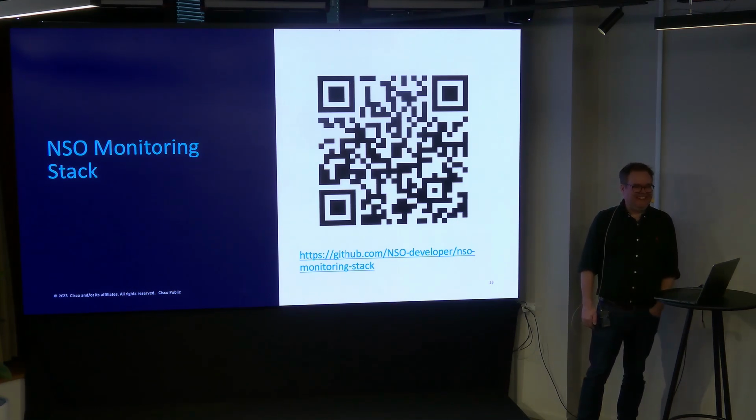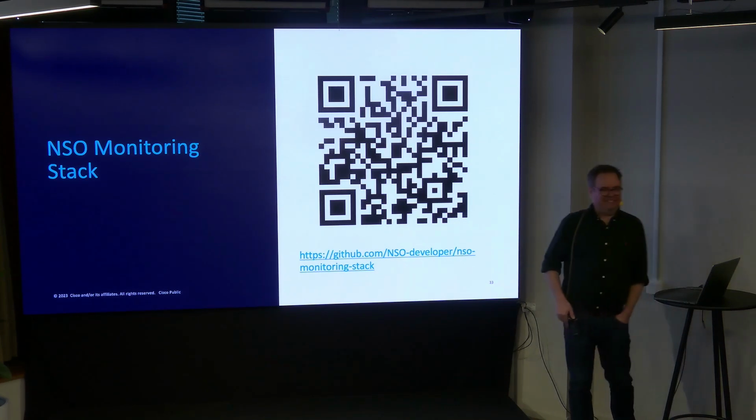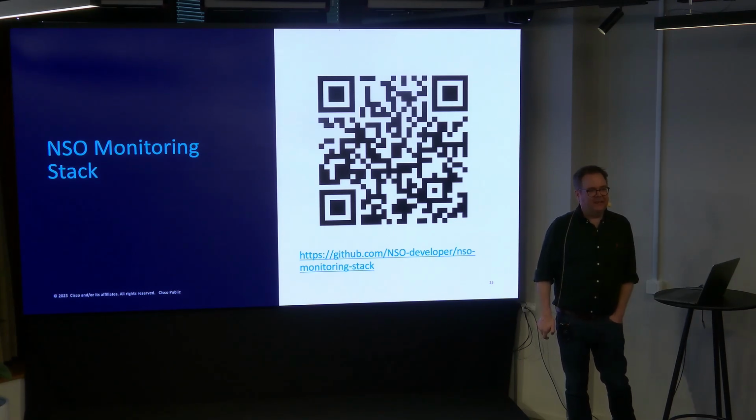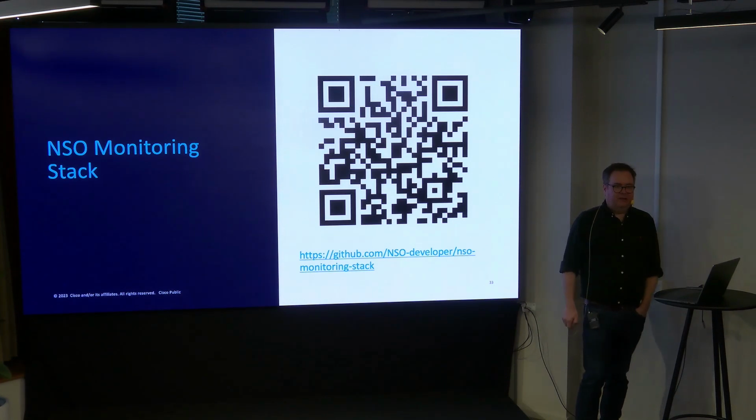Maybe a bit of an unrelated question. You also talked a bit about metrics, so there is this metrics exporter. What do you think is the most important metric, or three or four, that we should look at if we're starting with this kind of monitoring stack? I think it's difficult to say which is most important, but if you are planning to start looking at the metrics, you should export everything.